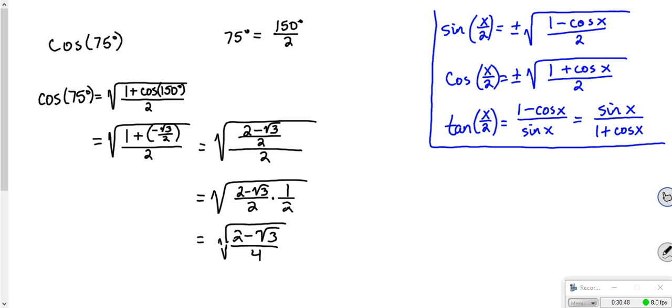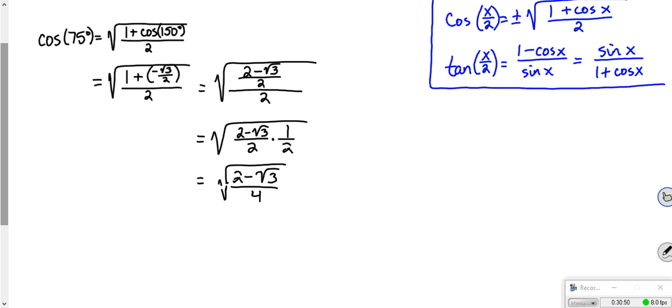This is probably about the only time I'm going to do every step here. Now, what's the square root of 4? 2. So I can pull that part out from underneath. So this actually equals 1/2. Now keep in mind that 4 is in the denominator, so the 2 has to stay in the denominator when you pull it out. So 1/2 times the square root of 2 minus root 3.